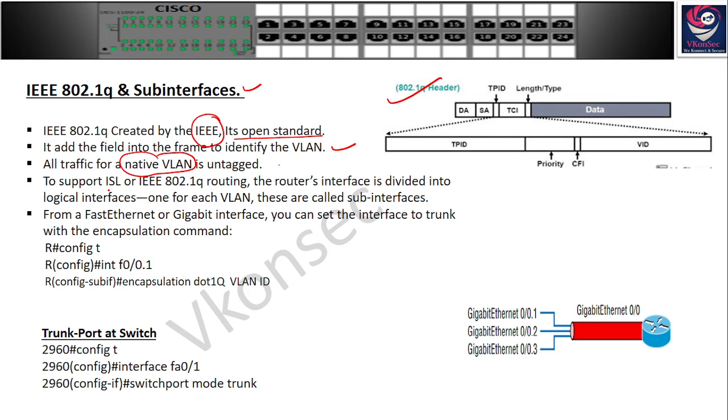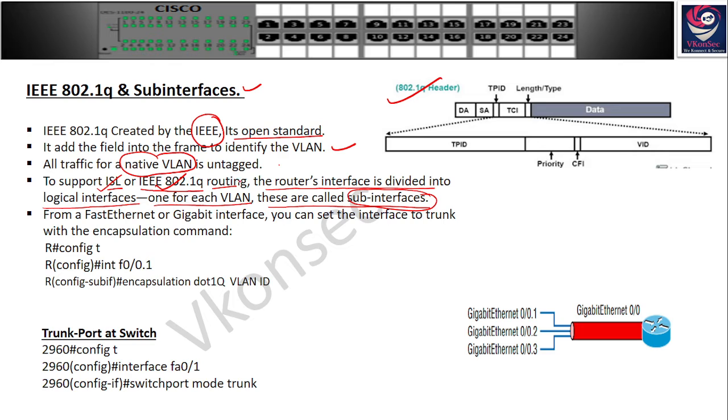To support ISL or IEEE 802.1q routing, the router interface is divided into logical interfaces, one for each VLAN. This is called a sub interface. So you have to create sub interfaces to support 802.1q or ISL.